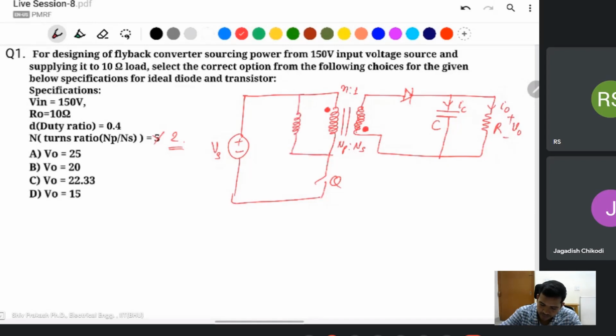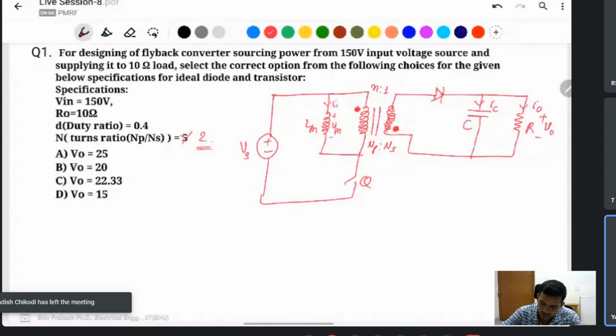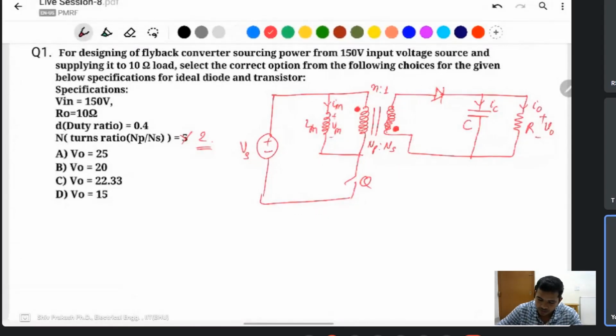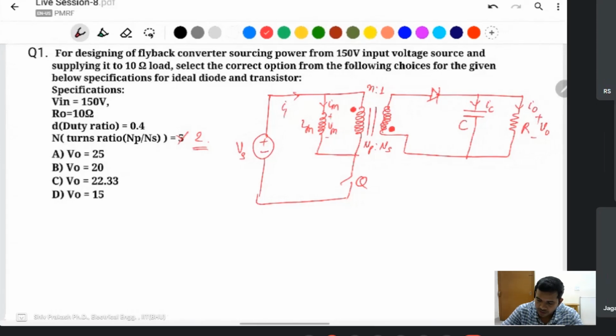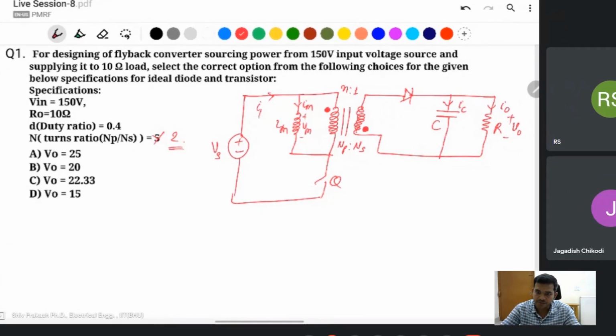Lm of transformer. So magnetizing current. I take a primary winding current as I1. This is I2.